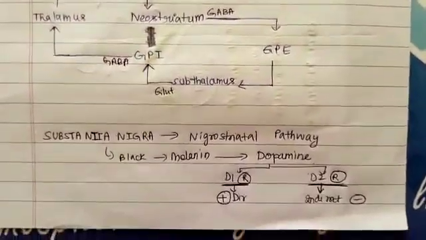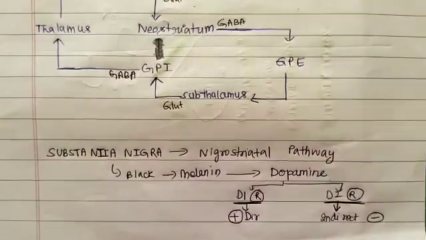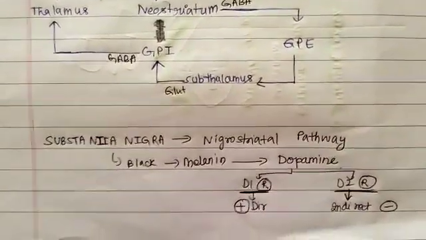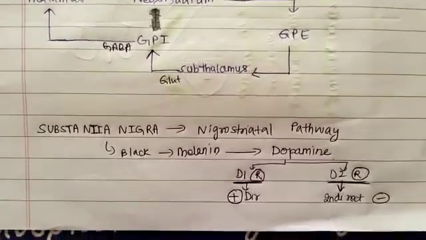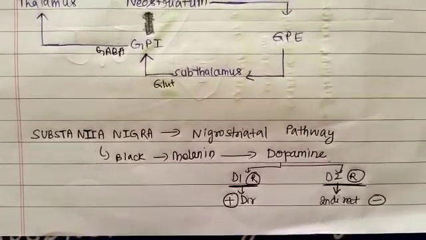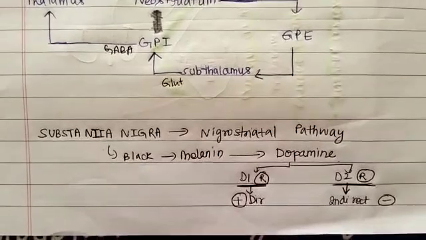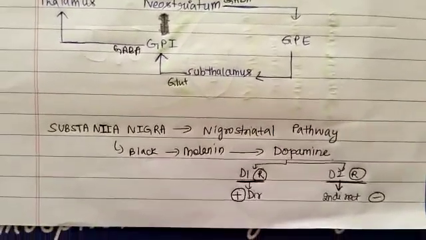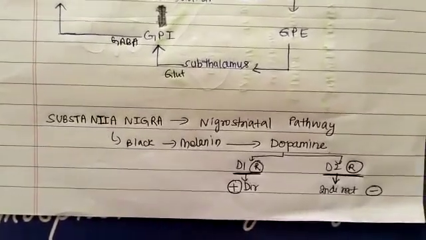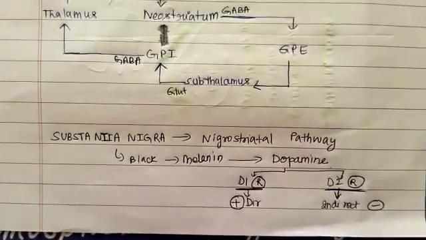And there is something called substantia nigra, which is the black pigmented structure present in the midbrain that produces melanin, which acts as a precursor for dopamine. There is a pathway called nigrostriatal pathway between substantia nigra and basal ganglia, that is striatum. So that is via the dopamine. So imbalance in this dopamine pathway causes Parkinson's disease.